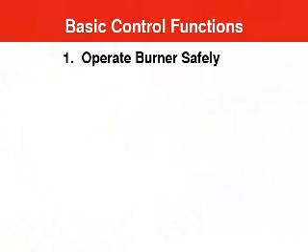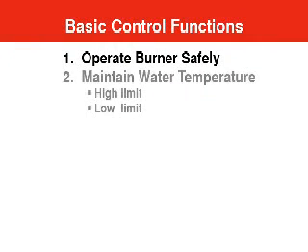There are three basic control jobs to do on a boiler. First, it needs to operate the burner safely when we need heat. So the burner control is designed to provide safe start and safe run cycles. Then we need to control the water temperature for both comfort and safety. So this means that we have a high limit to shut off the burner and a low limit to shut off the circulator.